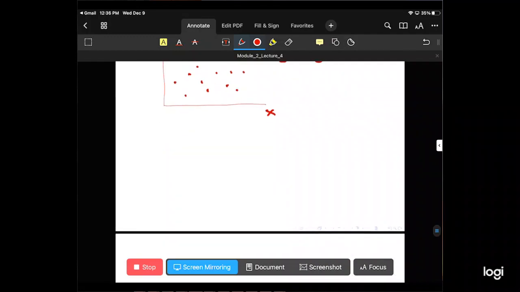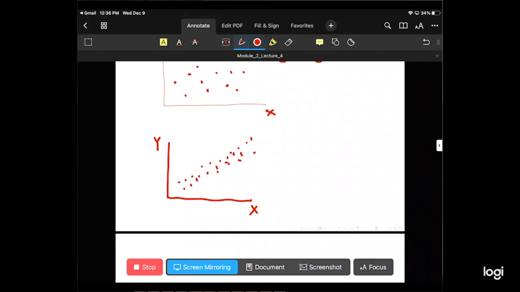What if I draw one that looks like this? Okay, so now we have two random variables X and Y. Suppose we drew the scatter plot and it looked like that. I can now see some sort of relationship here.